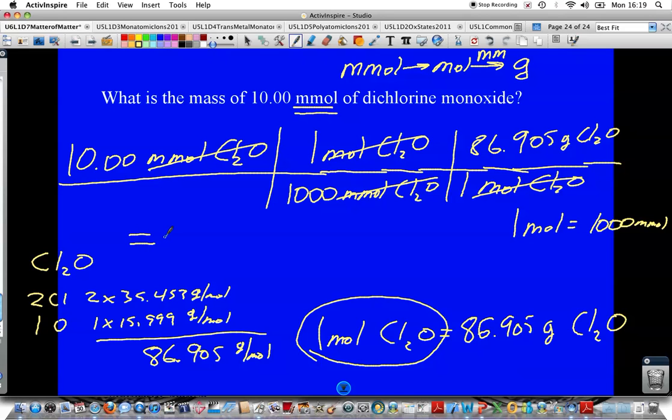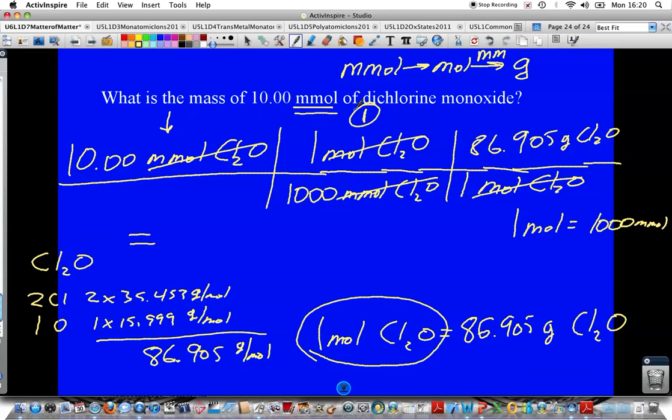Then I'm ready to solve it. So when you do dimensional analysis problems, you can take everything on the top, multiply it together, take everything on the bottom, multiply them together, and then take the top divided by the bottom, because it's just one big fraction. A better way of doing it is doing it step by step. So what I'm going to do is take 10.00 right here, and then go to step 1, and divide it by 1,000.